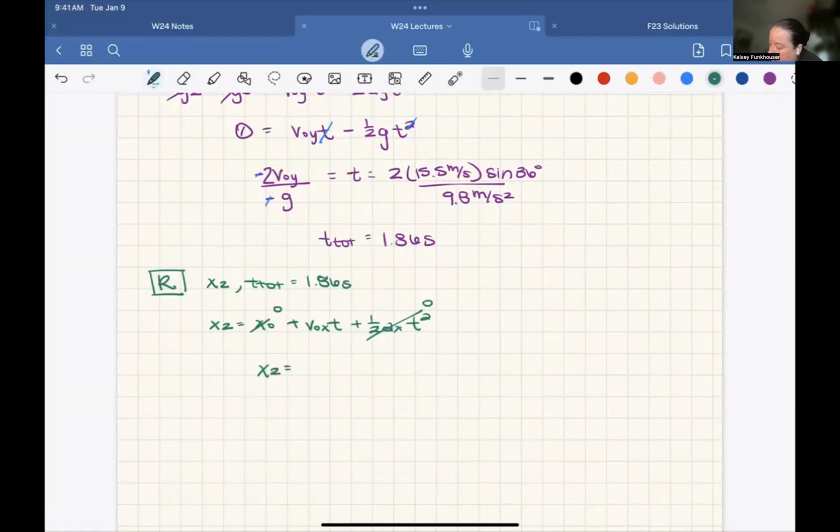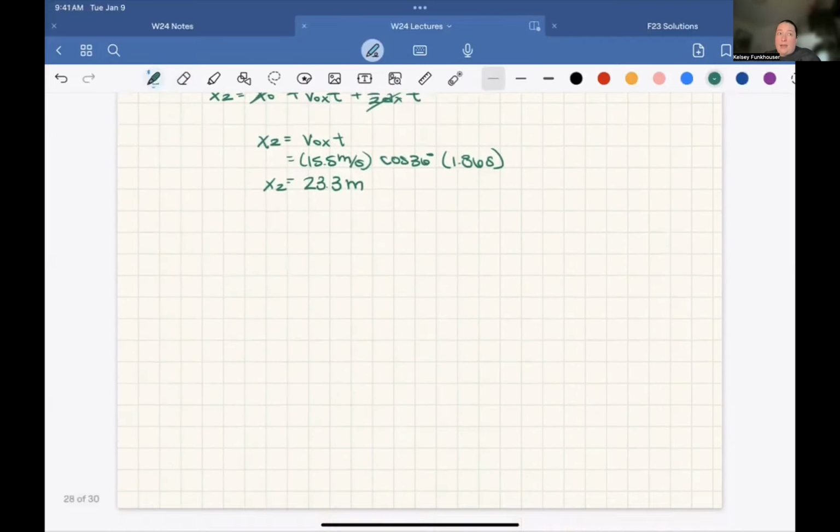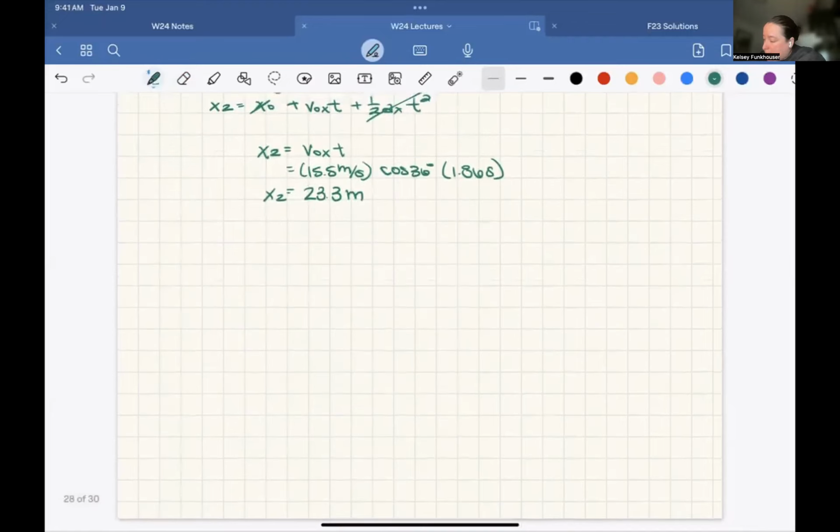So just like I showed in the slide, the x position is just the velocity times the time: 15.5 meters per second times cosine of 36 degrees times 1.86 seconds. This is 23.3 meters. That's what x2 is.